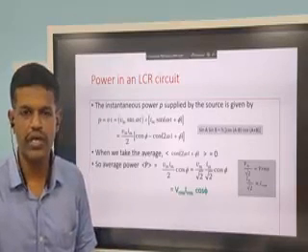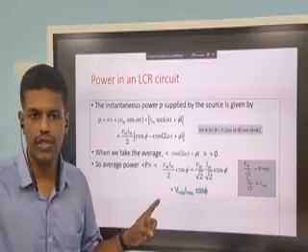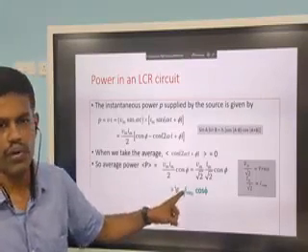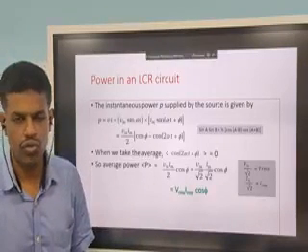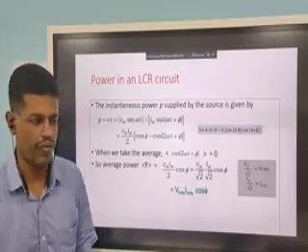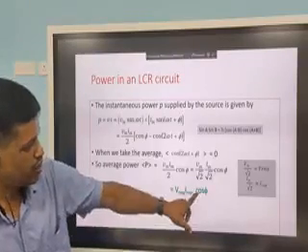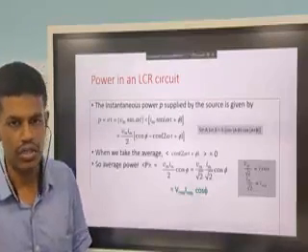So, this once again justifies the significance of the RMS value. When we calculate power, only the RMS values are coming in the equation. So only RMS values are responsible for producing any power. Vrms, Irms, cos phi. The factor cos phi is called the power factor of the LCR circuit.